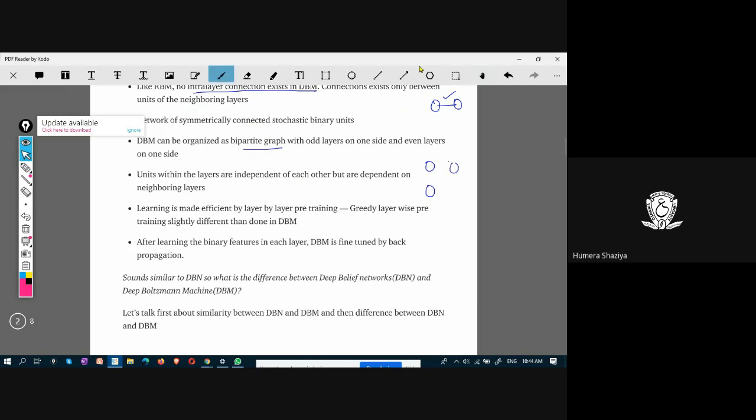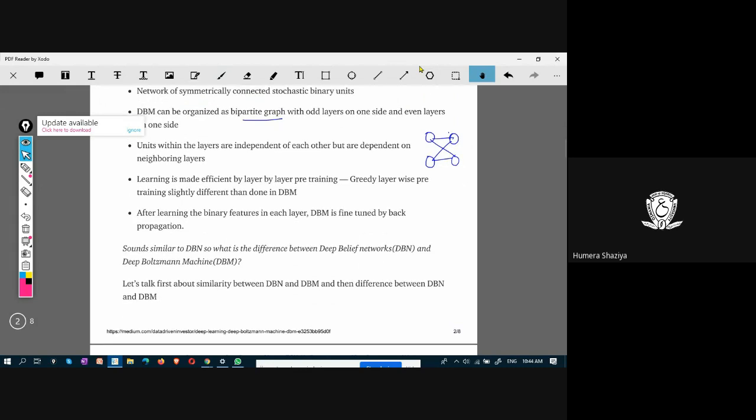You have only interlayer connection like this. Units within layers are independent of each other but dependent on neighboring layers. These two are independent. However, this is dependent on this one and this one. They are dependent on units in the neighboring layers but not within the layer.